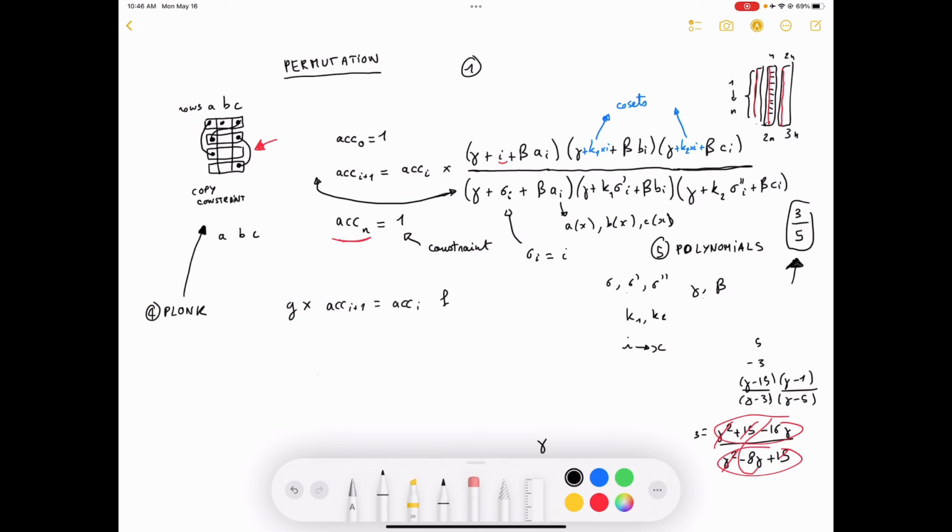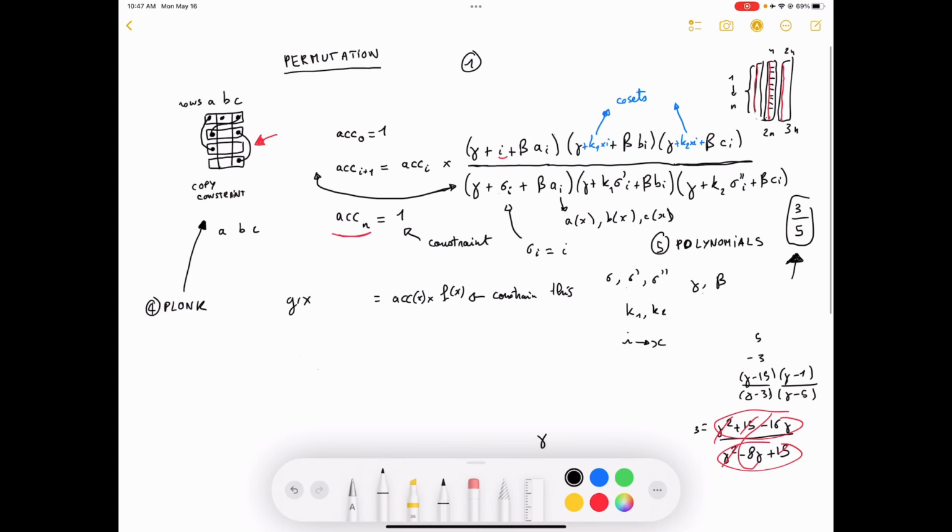And we're going to say constraint this. And here we're actually going to look at I plus 1, and we're going to say these are polynomials. We're going to say hack of x, f of x, j of x. And here for I plus 1, we're going to say hack.